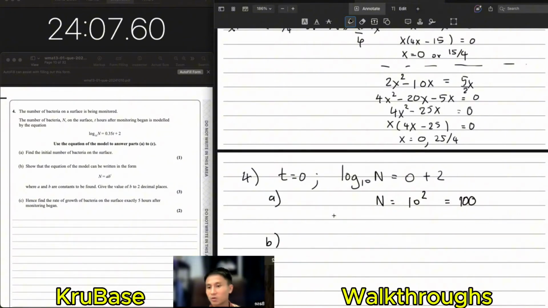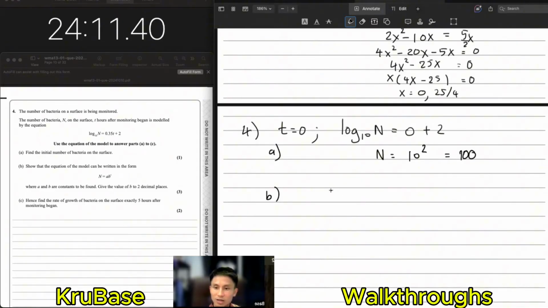And B, show that the equation of the model can be written in that form. Again, I'm just going to repeat the equation there. In my previous videos, I showed that when you have this, you can pull the base 10 as the base of the index, as a power to the power of the whole side.